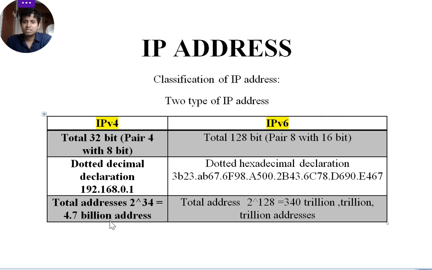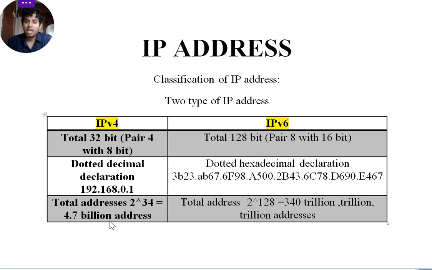And if we look at IP version 6, it has 128 bits in total in an address, with 8 pairs. If we calculate, the total reserved IP addresses on version 6 is 340 trillion trillion trillion addresses.